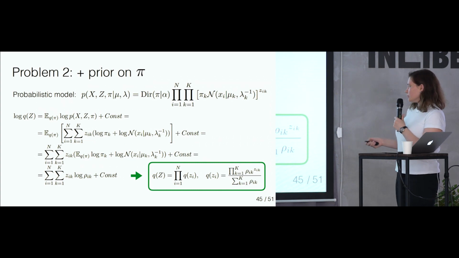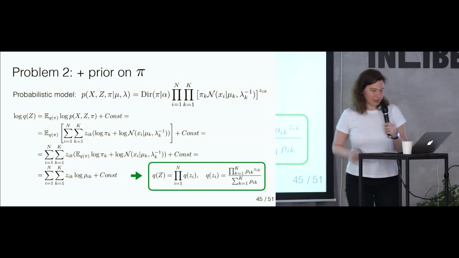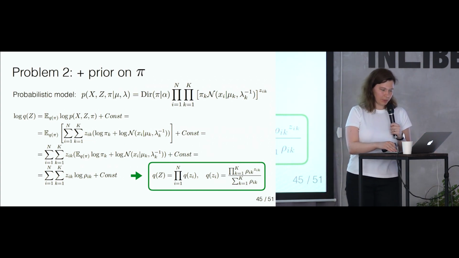And as a result, we have this categorical distribution with new probabilities. Here we need to normalize our categorical distribution the same as earlier. But we remember that inside this rho, we have this expectation. We put it in, remember it, and we will speak about it on the next slide.